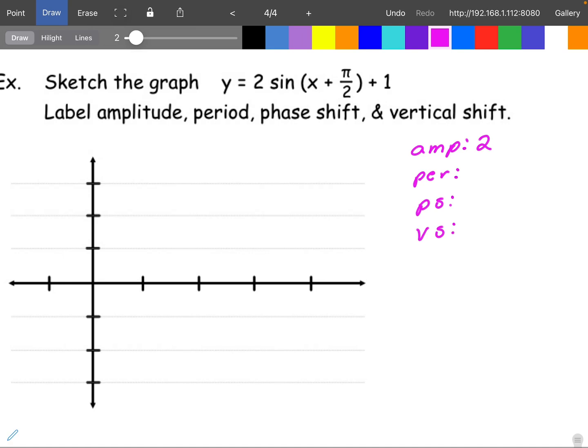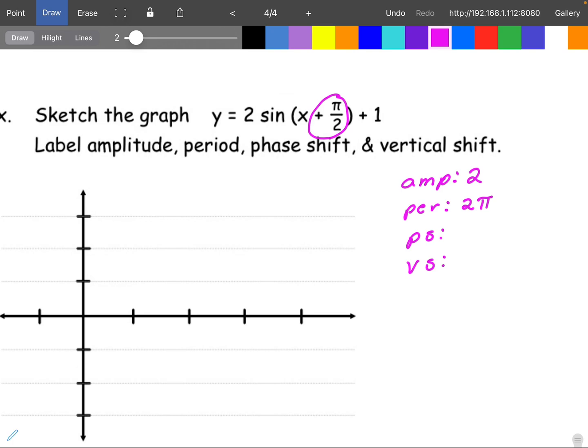Our period is only changed from 2 pi if there's a number in front of x. I have nothing here other than a 1. Therefore, my period is unchanged. It is still 2 pi. My phase shift. I do have a phase shift, and remember that it is opposite. So instead of being positive pi over 2, that means our graph is going to begin at negative pi over 2.